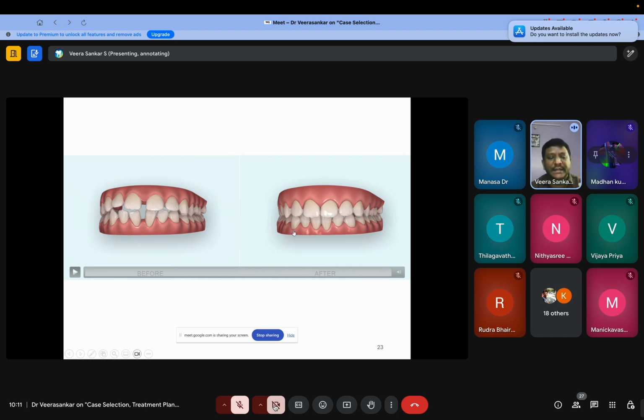So it is an easy tool for us to convince the patient, because they are just seeing the changes, how the treatment is going to be with their own dentition, during the time of scanning itself. So this will be an easy factor for us to convince the patient.